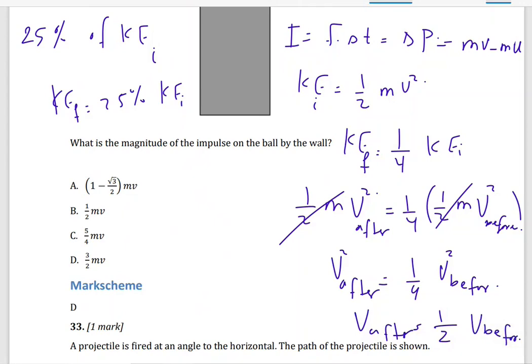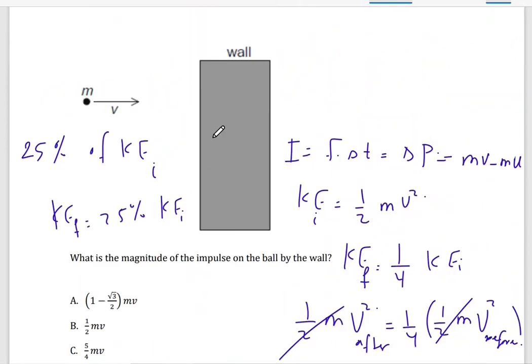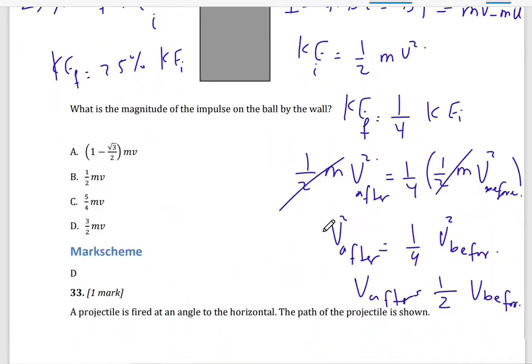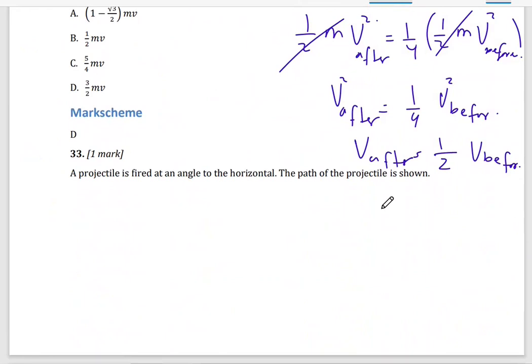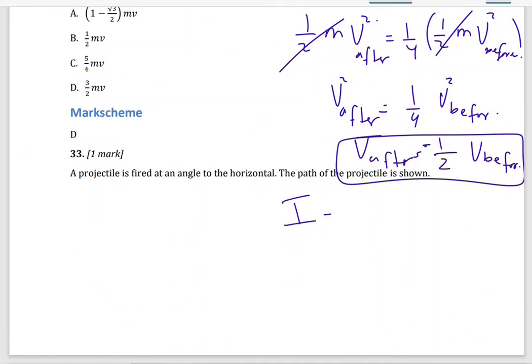Since the ball hit the wall and then bounced back, it will bounce back in the opposite direction. To the right, the velocity is positive; left, the velocity is negative. So I'm going to put a negative sign to the left. Now we need to calculate the impulse. Impulse will equal m times V final minus V initial, or V after minus V before.